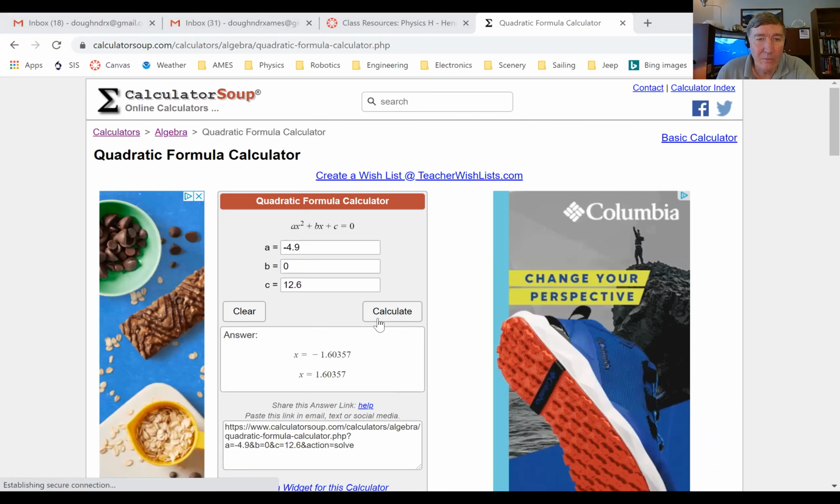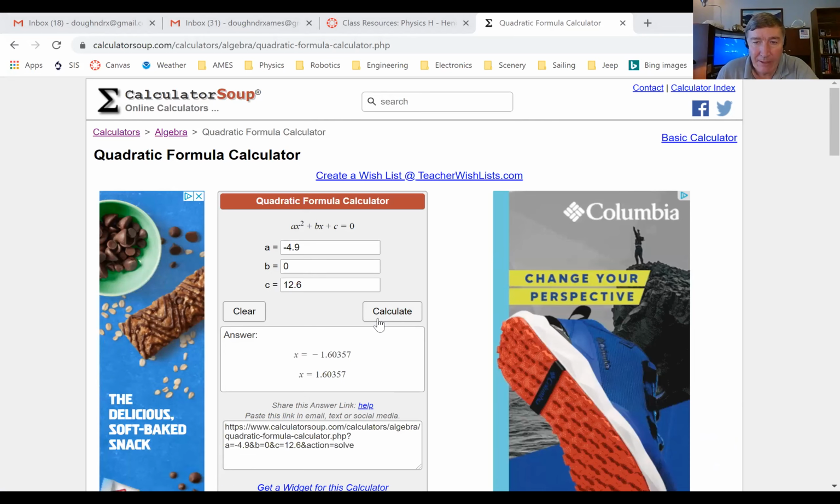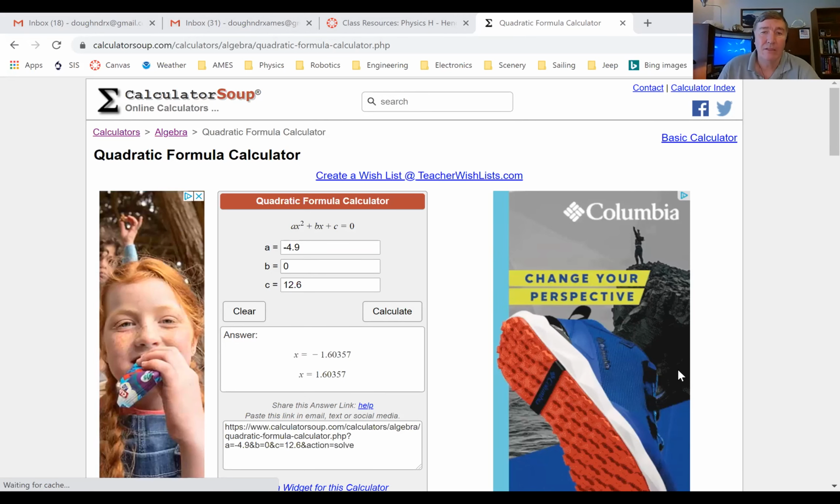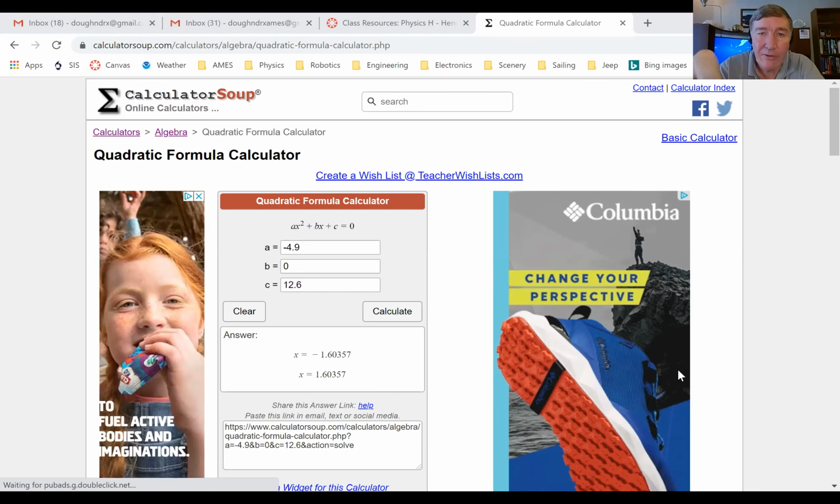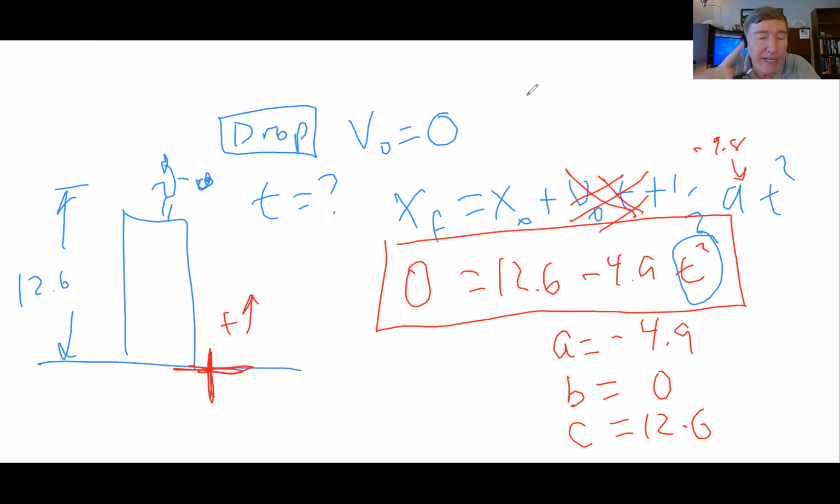Let me go back. I'm sharing my screen again. Notice this time around, I have a t squared, but I don't have a t this time. So if I wanted to solve this one using what I like to call the 9th grade method for solving, I could do it. So let's solve this the way that a 9th grader would solve it.